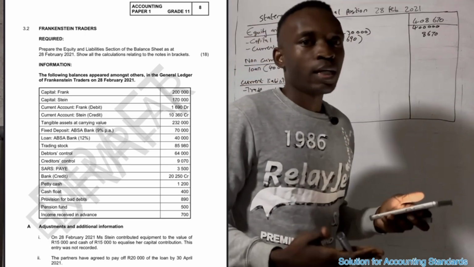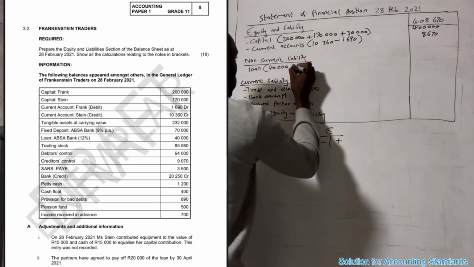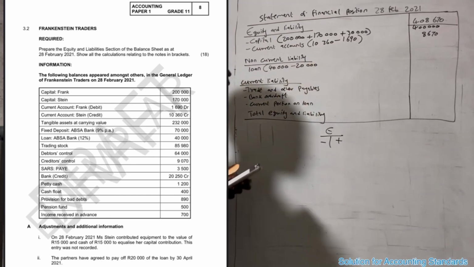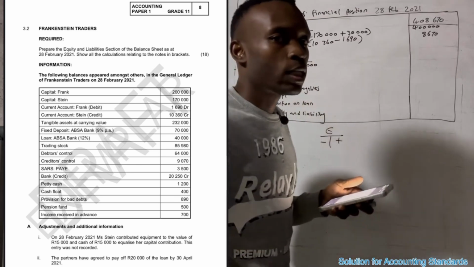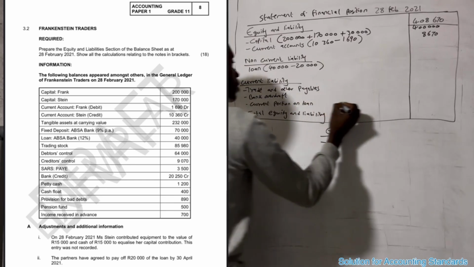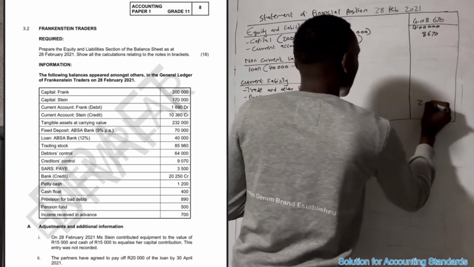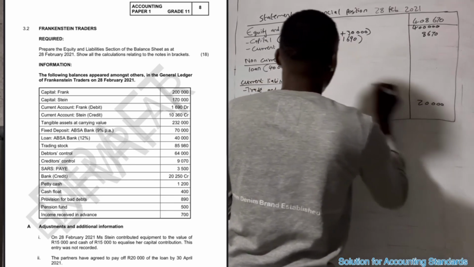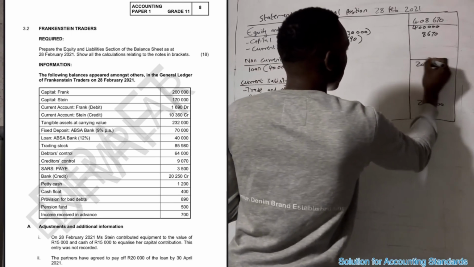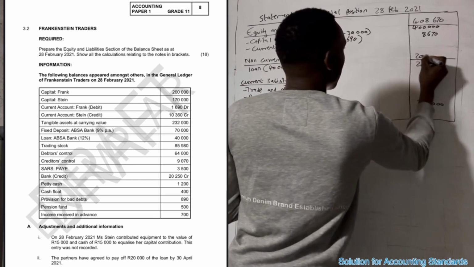That simply means that the loan is going to be reduced by 20,000, but this 20,000 is not yet paid. It's still a current portion. It's going to be paid within 12 months, which means we have to record it under current portion of loan, 20,000. So here we're left with 20,000, and our total non-current is going to be 20,000.